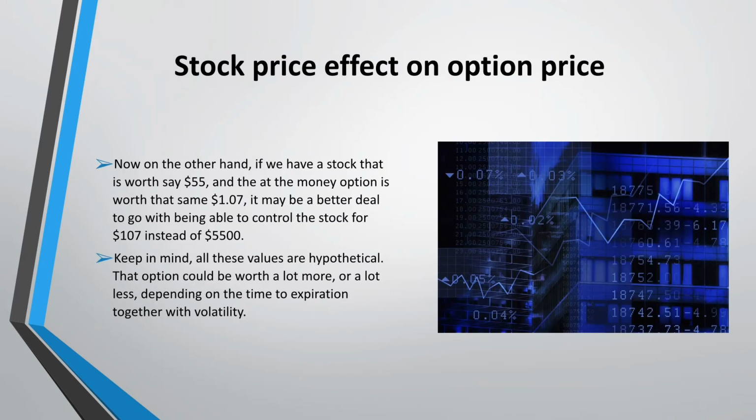Now, on the other hand, let's say it's a $55 stock, and let's say that the at the money option was worth, for a week from now, $1.07. Like I said, it depends on the stock, but I would be more inclined to pay $1.07 or $107, because it's times 100, to control a $55 stock than a $5 stock.